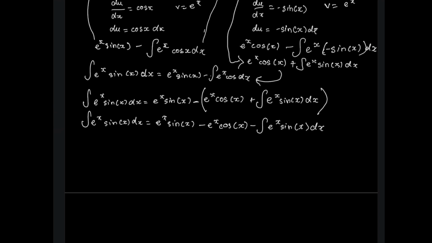So over here we can see that the only integrals left are e power x sin x. Now what we can do is bring all the integral of e power x sin x dx to one side and write the equation with the integral of e power x sin x as the subject.